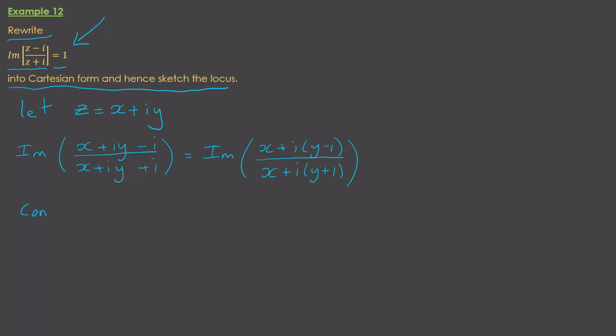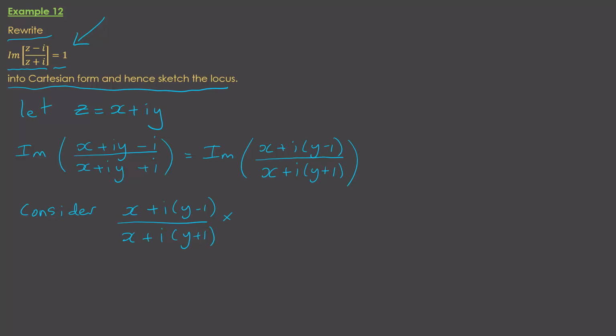So let's not worry about the imaginary part at the moment, and let's consider (x plus iy minus 1) over (x plus iy plus 1).